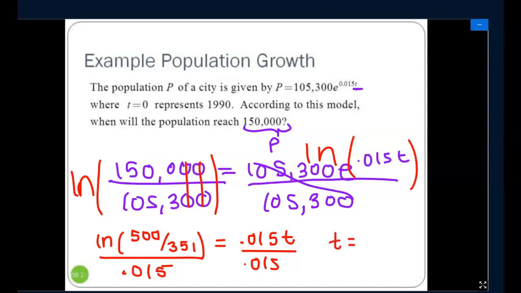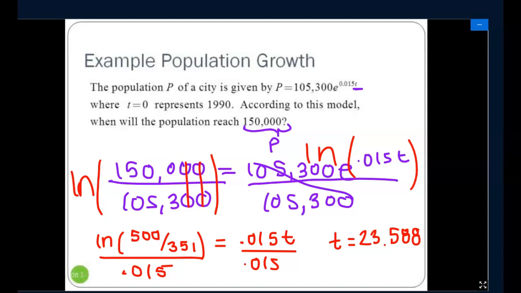So plugging in, you get t equals the natural log of 500 over 351 divided by 0.015, or 23.588. Remember, everything in calc is 3 decimals.